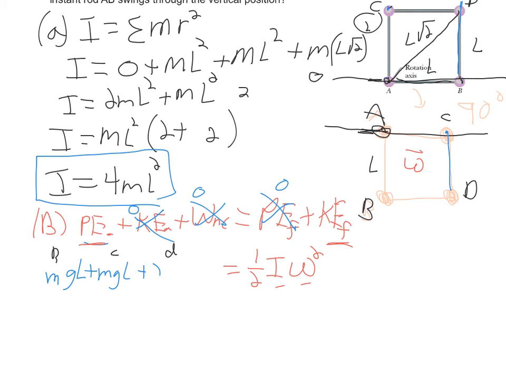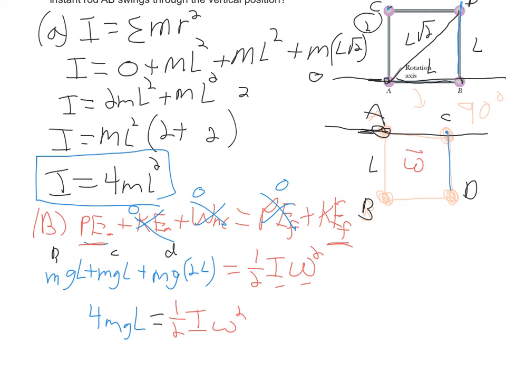So the potential energy it has when it starts is mg times 2L. So if we add these all up, we end up with mgL plus mgL plus 2mgL. We end up with 4mgL, which is going to be equal to our 1/2 I omega squared.